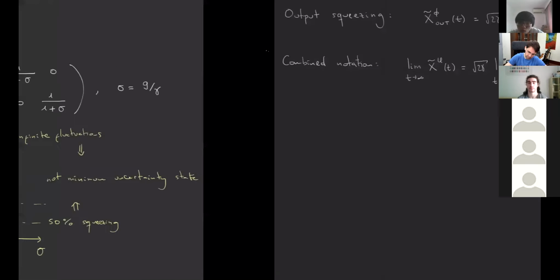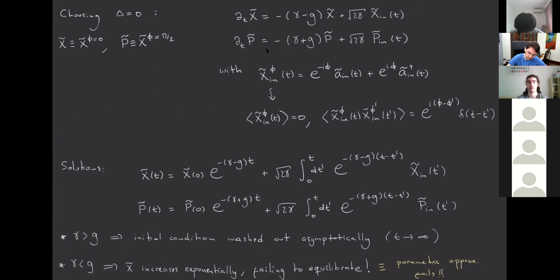Okay, so I just remind you very quickly. So look at the expressions. So the position, it's equal, this goes away. So the initial condition goes away. And then we are left with square root of 2 gamma, and the integration of an exponential with some rate, okay, that I will call lambda, times t minus t prime, and then the input operator at t prime.